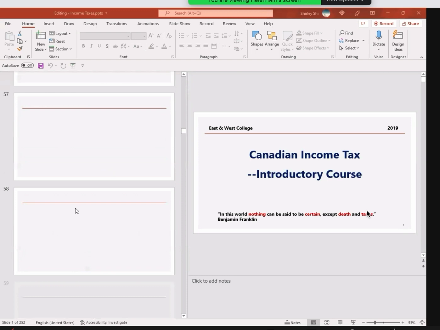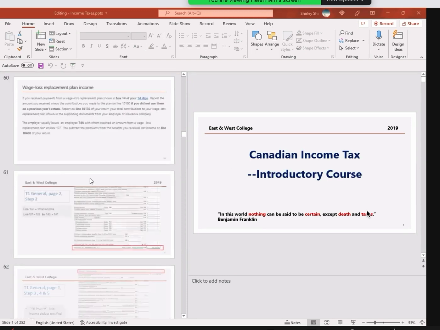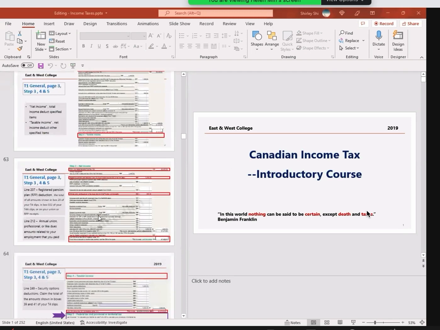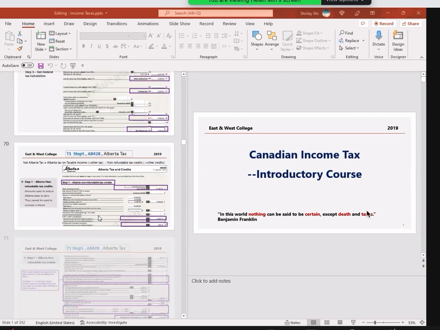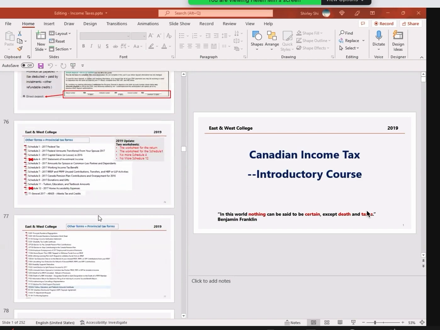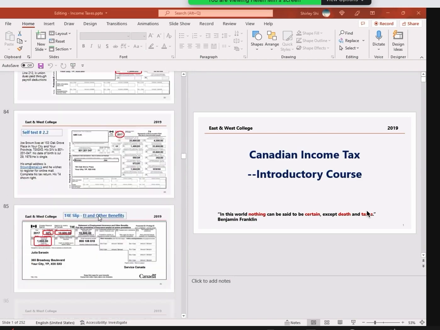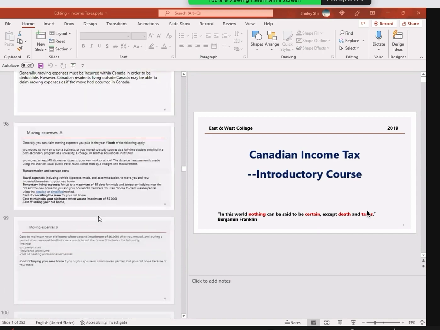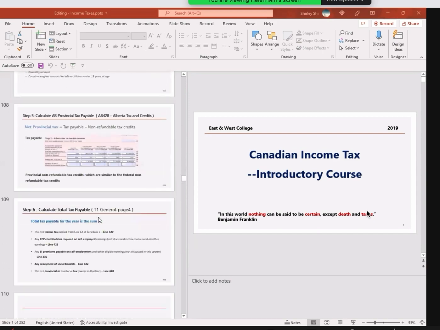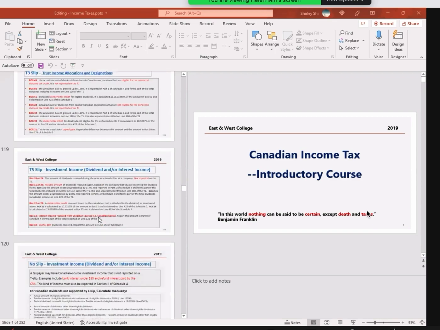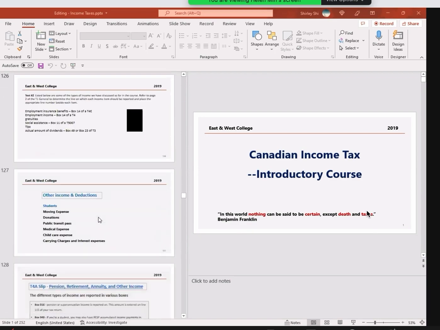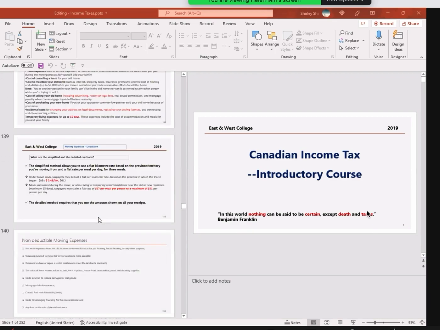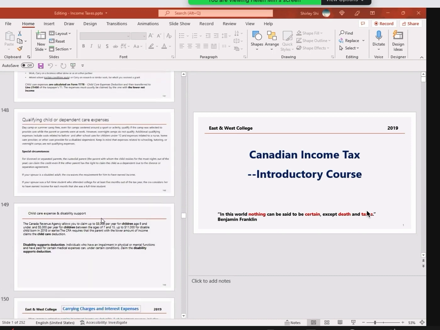Today we're only stuck on Schedule 5, because I know Schedule 5 is very, very confusing. So asking questions helps make the concept clear.